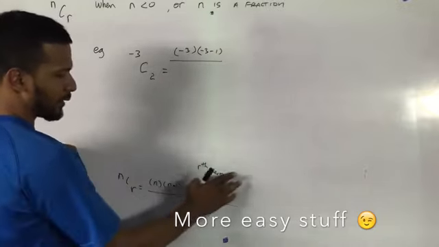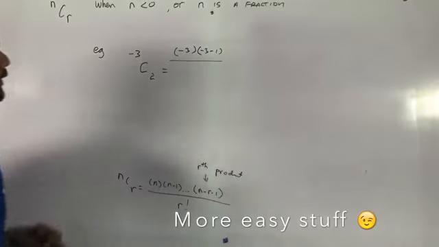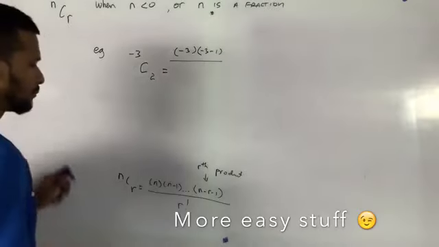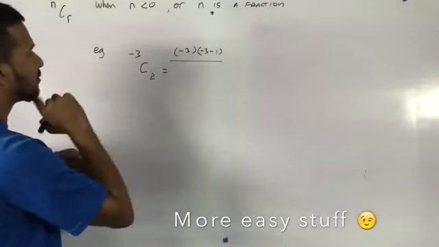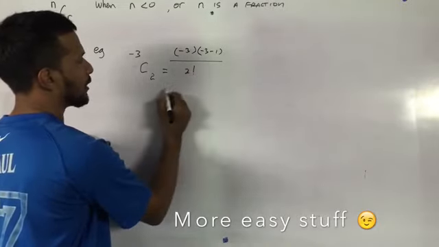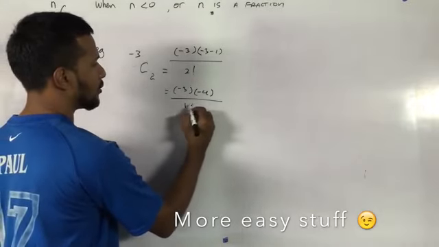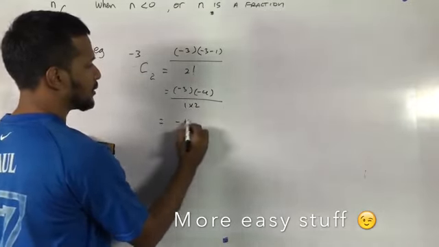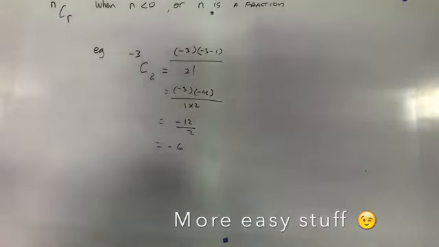So it will be negative 3 by negative 4 all over 2 factorial, which is 1 by 2, which is negative 12 over 2, which is negative 6. So that's the way we will use nCr.